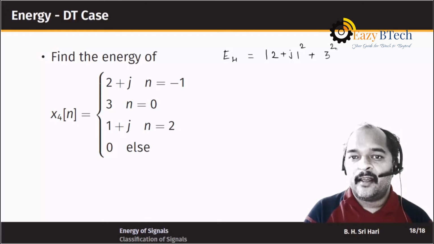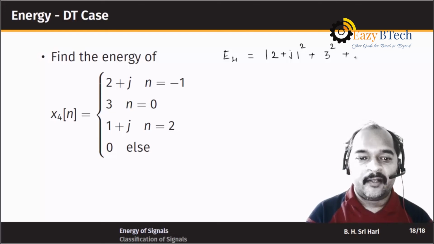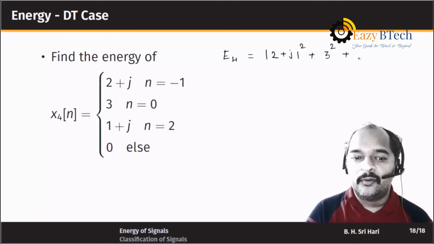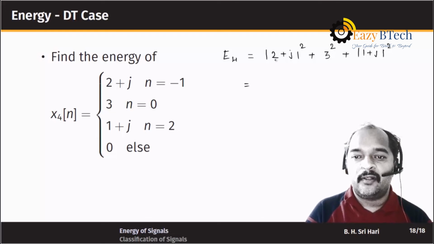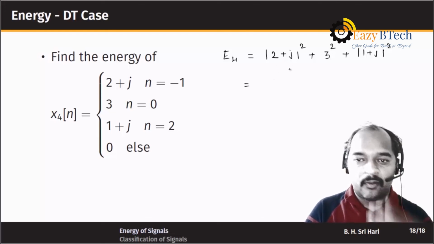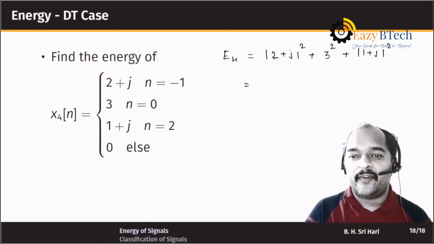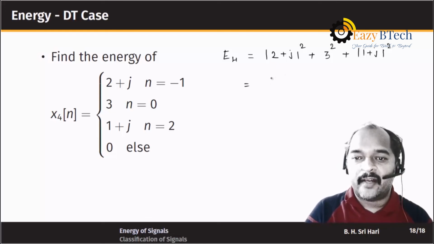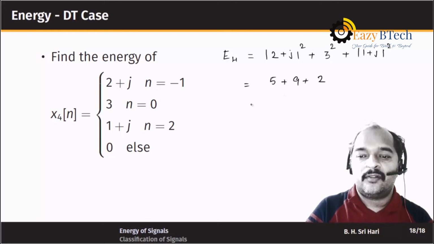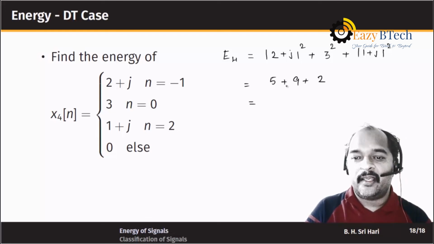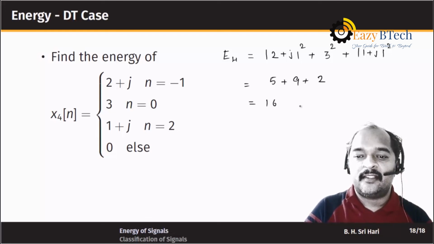Whether you take the modulus or not, it has no impact, so we'll get 3 square. At 2 it is 1 plus j, so we'll get modulus of 1 plus j whole square, and all other values are zeros. So this would be equal to how much? Root of 4 plus 1, which is root 5. Root 5 whole square is 5, plus 3 square is 9, plus this is 2. So finally this would be equal to 9 plus 7, which is 16.